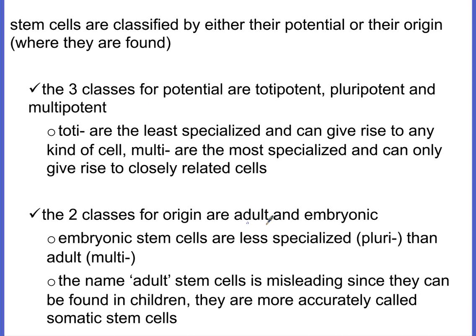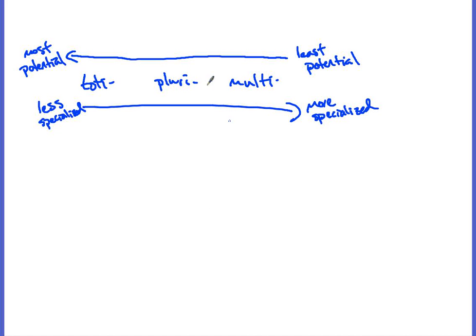Origin, we got adult and embryonic, right? So you probably heard of embryonic stem cells. Embryonic stem cells are pluripotent stem cells, and they're found in embryos, right? So embryos are very, very early stages of development for an organism.